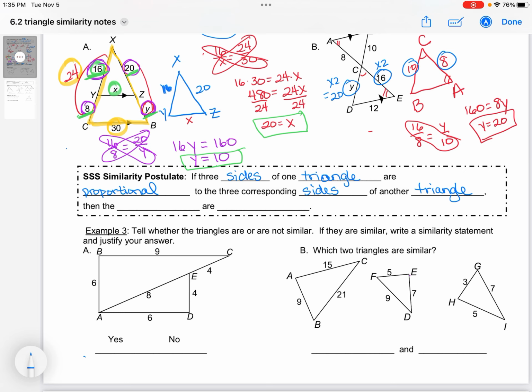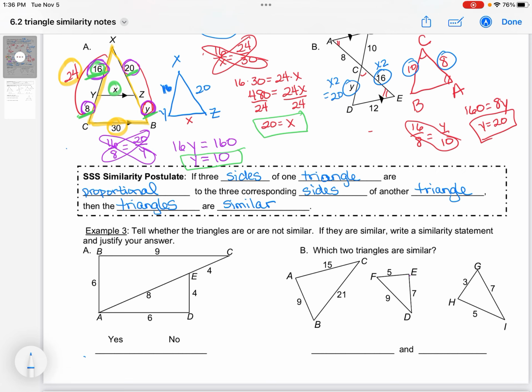And the triangles are similar. So apparently, as you just saw, the hardest part is making sure you're doing the corresponding sides of the triangles.